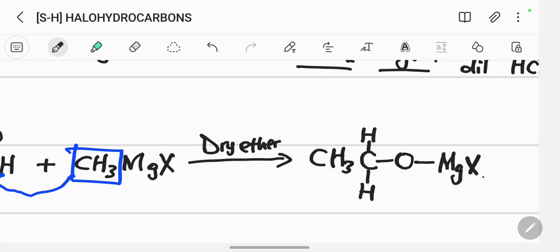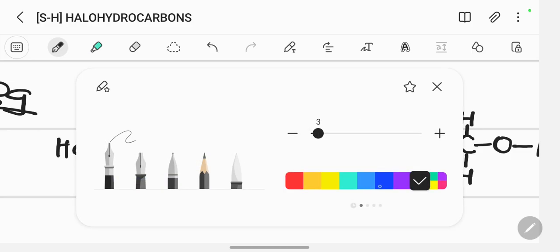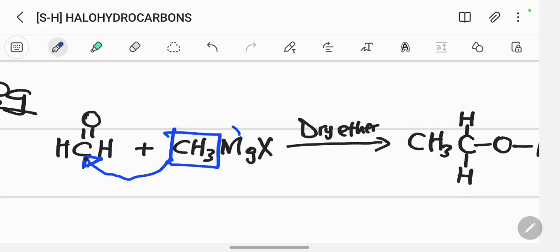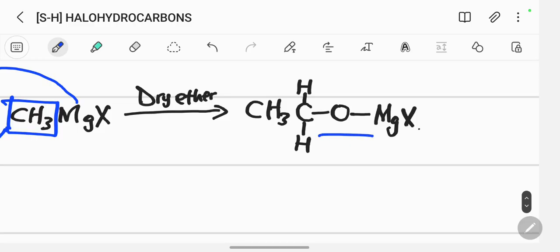So this is how it does it. Gives our carbon and the alkyl group, and the magnesium ends up taking one bond. So one bond has to go and associate with magnesium to form that association there.